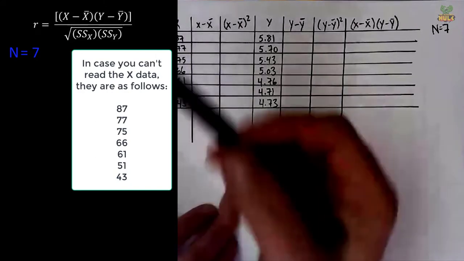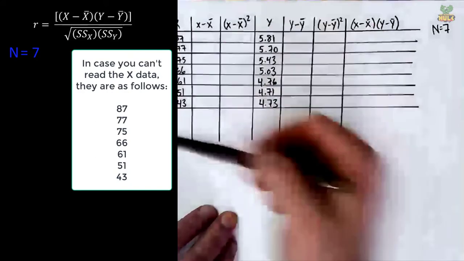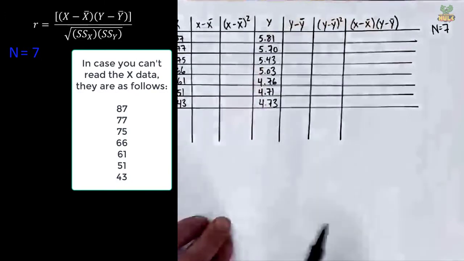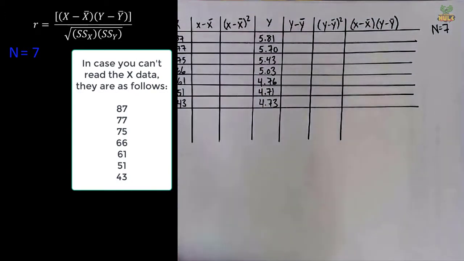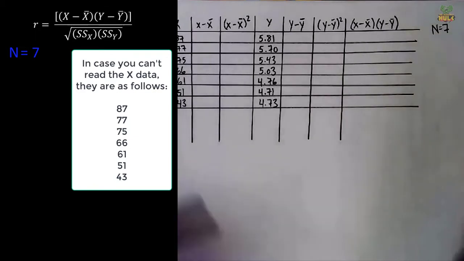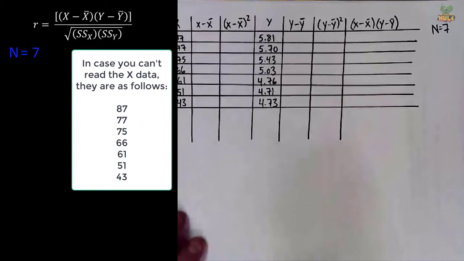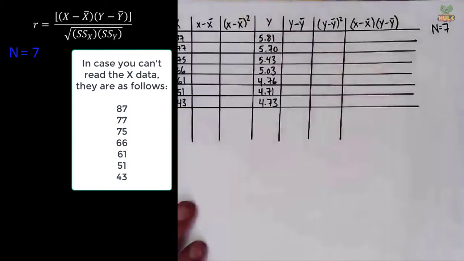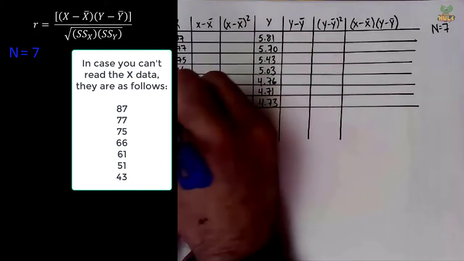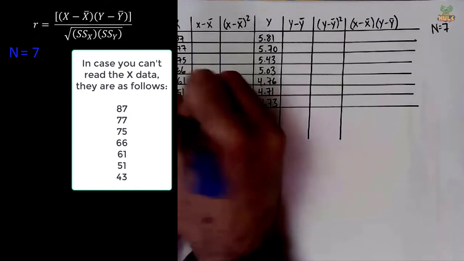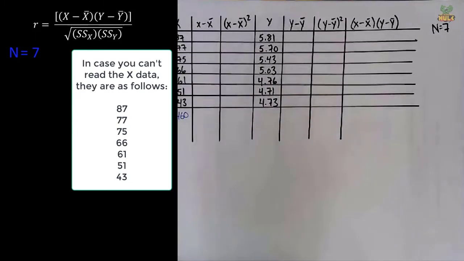Okay, so now what we want to do is sum these data so that we can get a sum of X. And I'm, just for the heck of it, going to switch to a different pen here and see if we can get this one to show up nicely and color code this a little bit so it's easier to see. So if you add all these together, it's going to add to a sum of 460. Actually, you know what? I'm going to go back to the other pen because it's a little bit more bold.